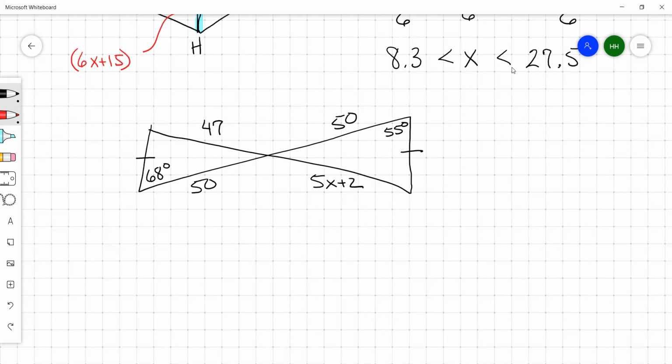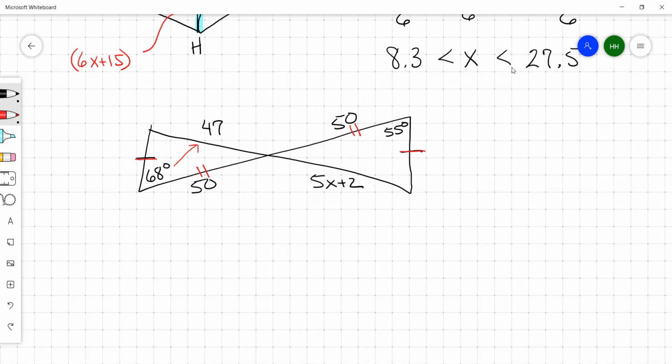So here we are again. We've got one tick mark and a side that's 50 on the left. We have one tick mark and a side that's 50 in the triangle on the right. So you've got two triangles with two congruent sides. We've got an angle that has a 47 across from it.